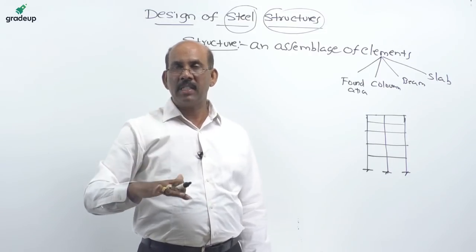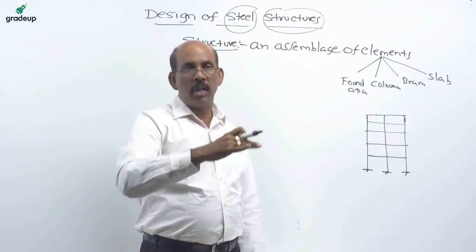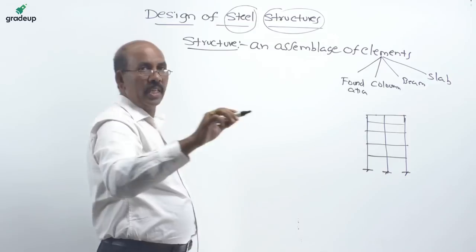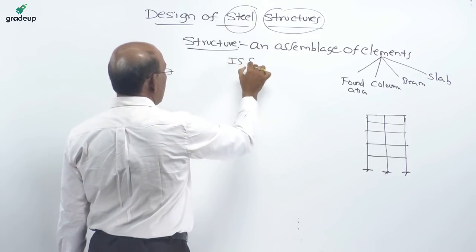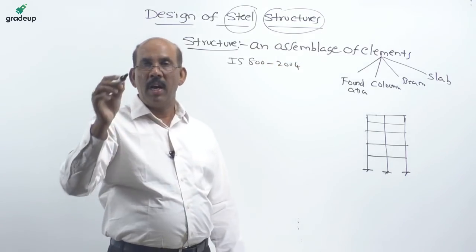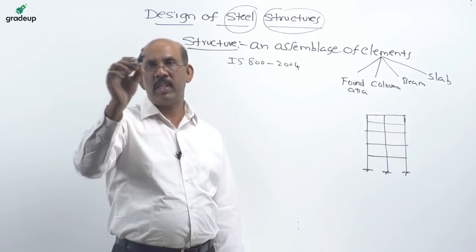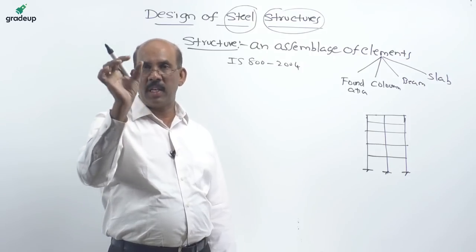So, let me illustrate first the structural details and the code connected to this. Steel design follows the Indian Standard IS 800:2004. This is the revised code, and accordingly every rule and regulation with respect to our design has to be followed as per the code.